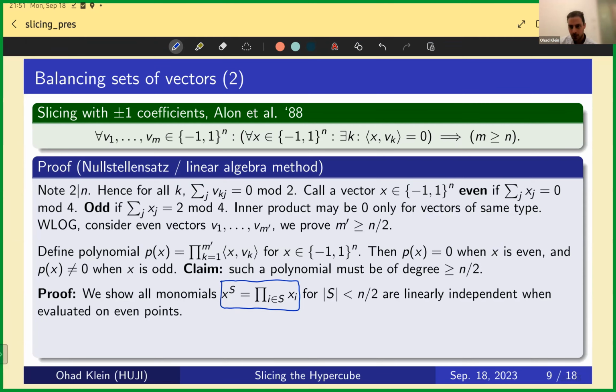And we claim that if we use only monomials which are of degree less than n over 2, then we cannot get 0, because monomials of degree less than n over 2, when evaluated on even points, we claim that this set of evaluations are linearly independent over the reals.